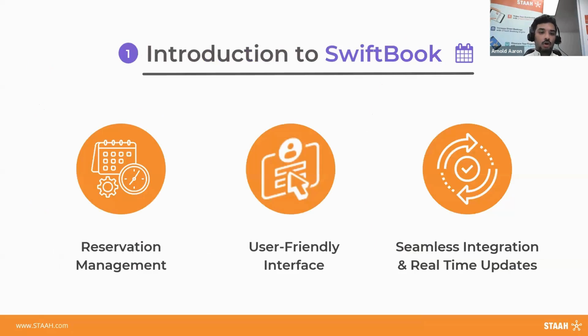Now, moving on, what does SwiftBook offer? The first thing is reservation management. SwiftBook streamlines the booking process from checking availability to the confirmation page. It also ensures that the guest is getting the smoothest experience throughout the booking process.